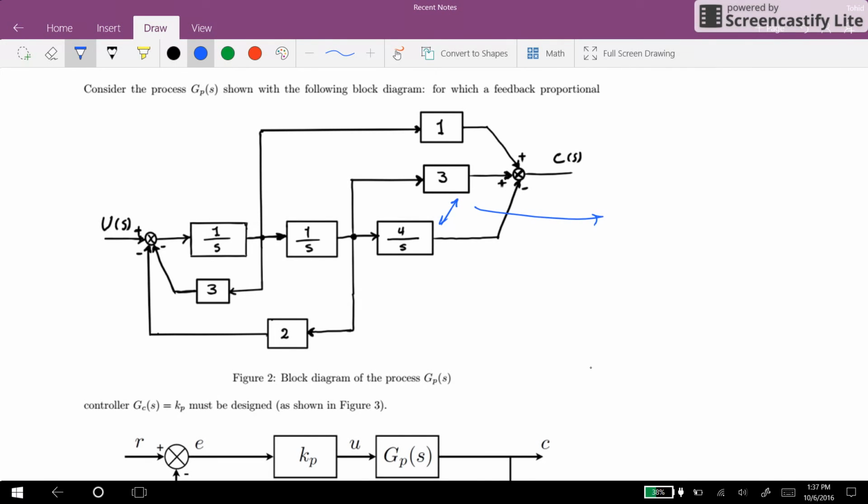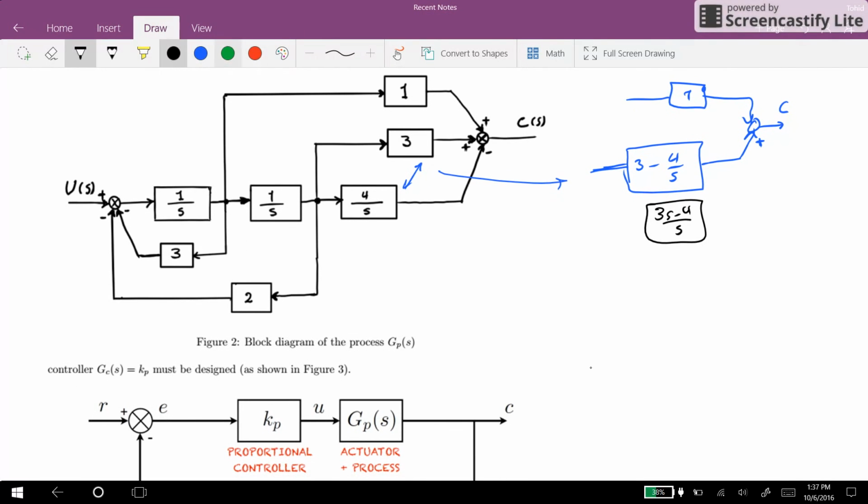So they could be replaced with one block, and let's keep the positive sign here. So we will have 3 minus 4 over S. And here we have the output C. And 3 minus 4 over S could be rewritten as 3S minus 4 over S as well.